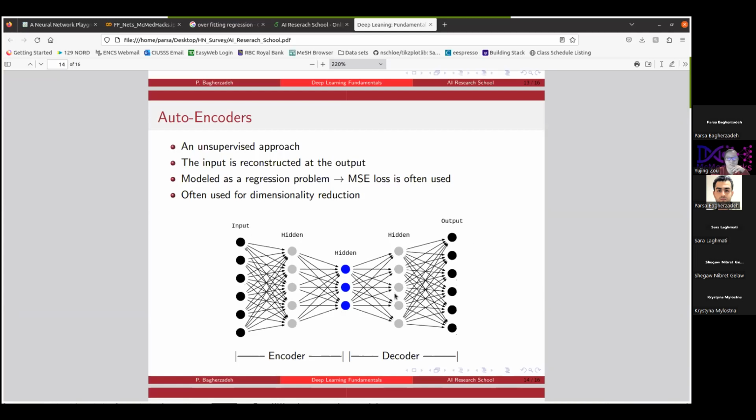But we change these parameters such that the input is reconstructed as the output. One might ask, what is the benefit here? The benefit is that once the training is finished, we get rid of the decoder and only use the representations provided in the middle.